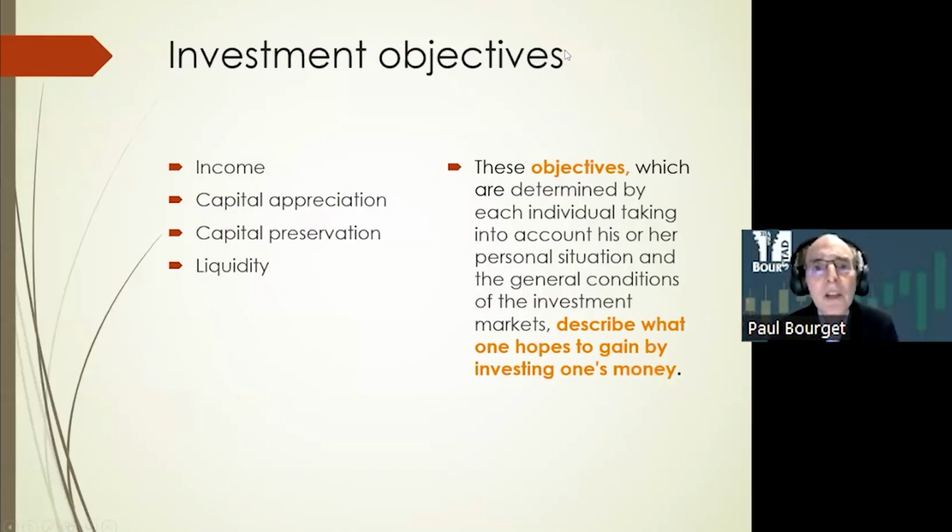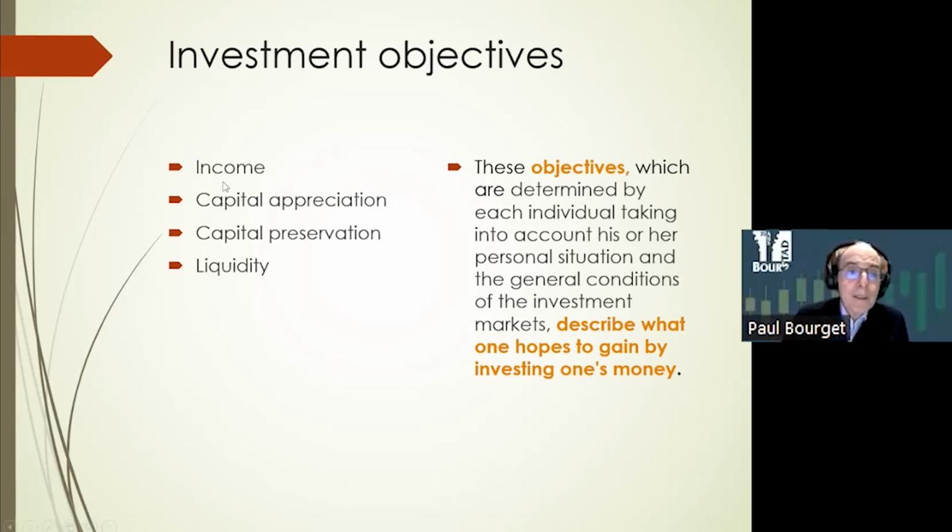Okay, let's talk now about investment objectives. These objectives, which are determined by each individual taking into account his or her personal situation and the general conditions of the investment markets, describe what one hopes to gain by investing his or her money.